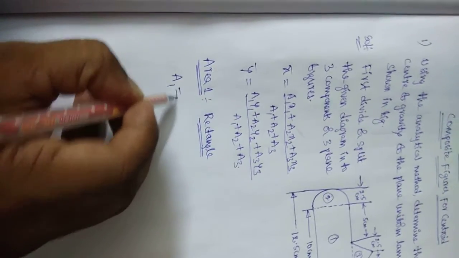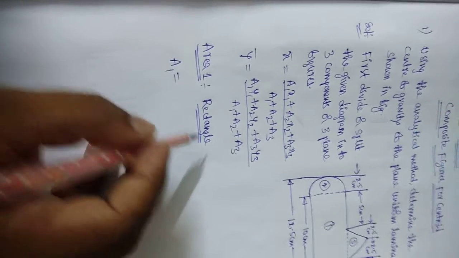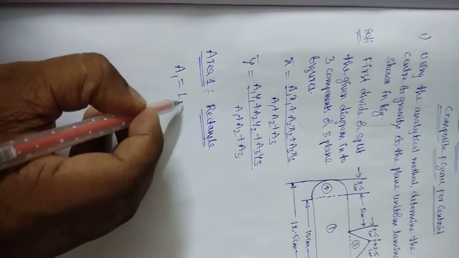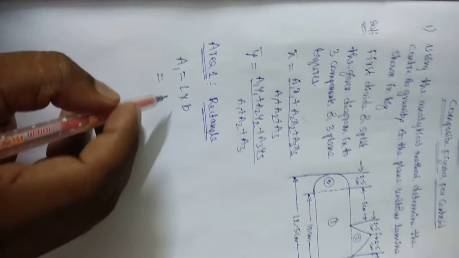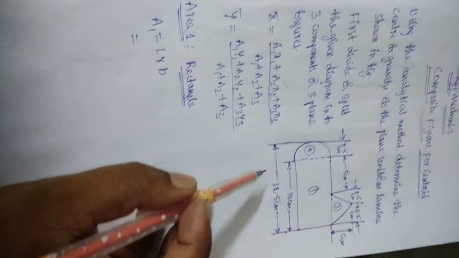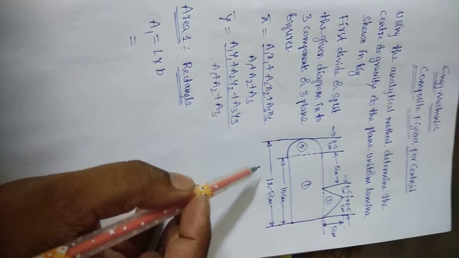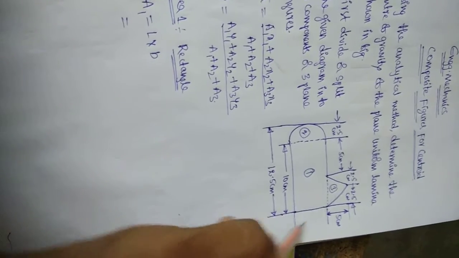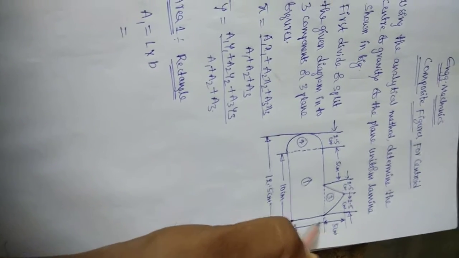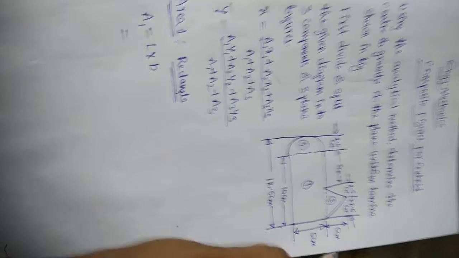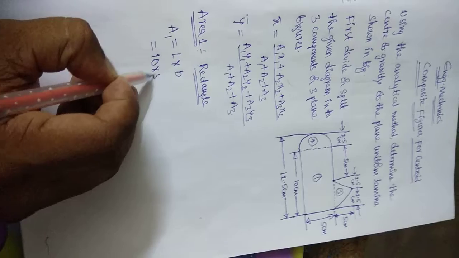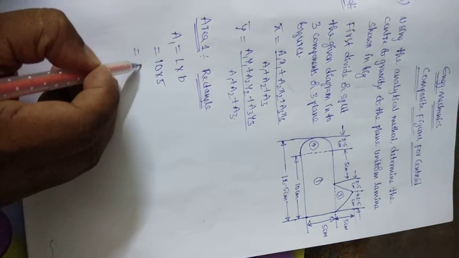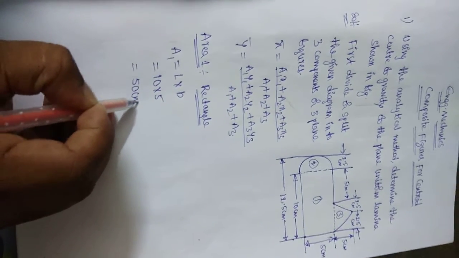Therefore, A1 for the rectangle is equal to L into B, which is length 10 into 5 centimeters, equal to 50 centimeter square.